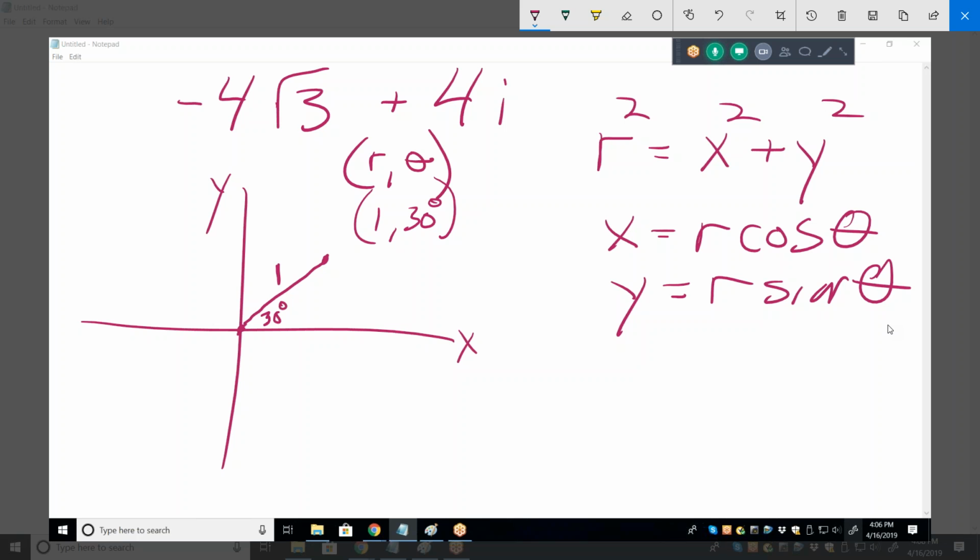That's the way you use polar points. If it was 1 comma 60 degrees, I would rotate that line 30 degrees more. If it was 1 comma pi, it would be this line right over there.